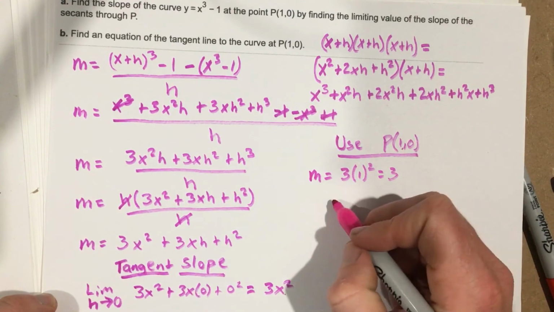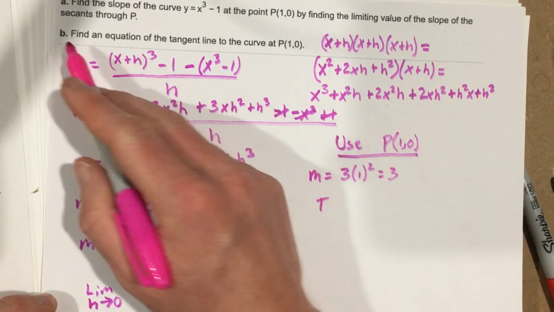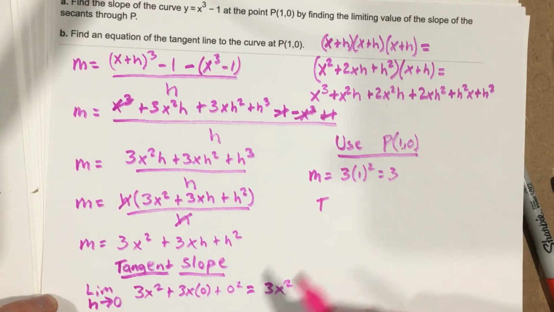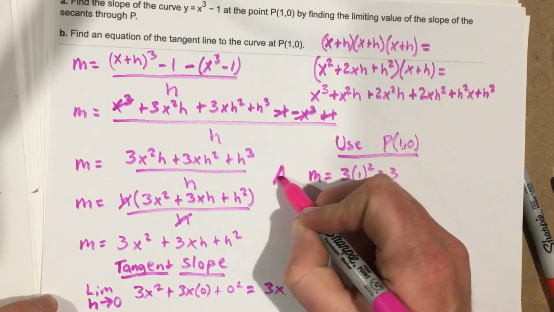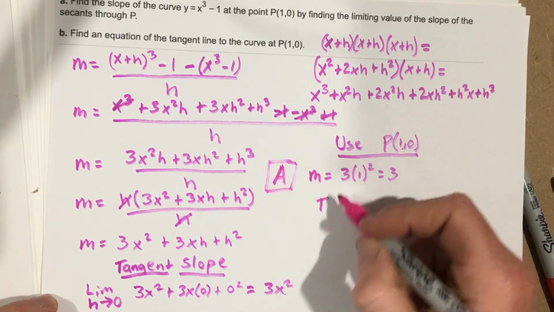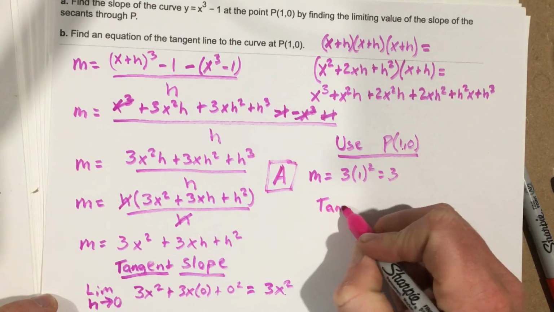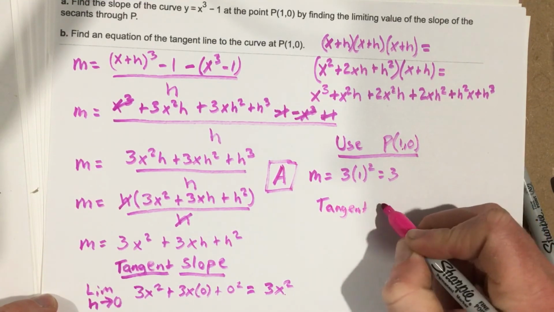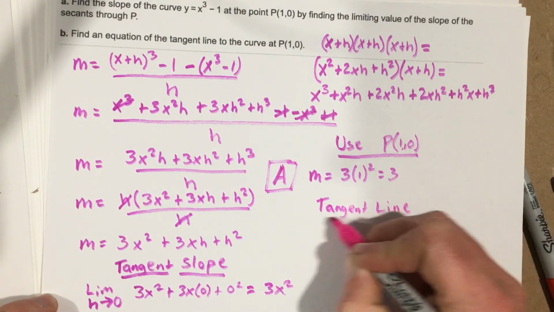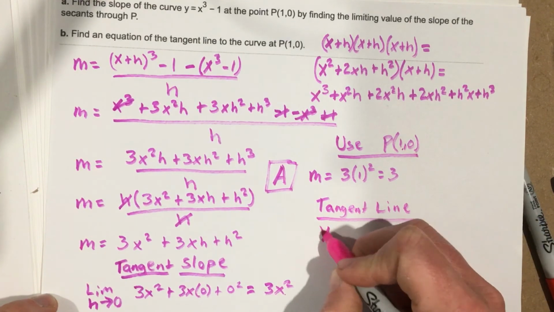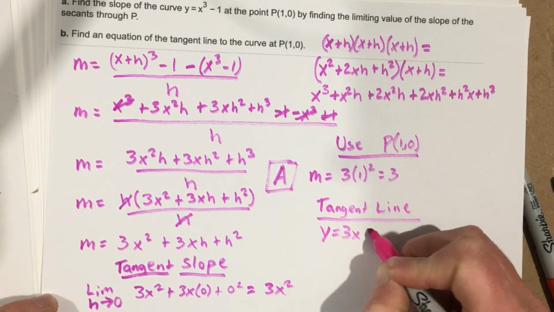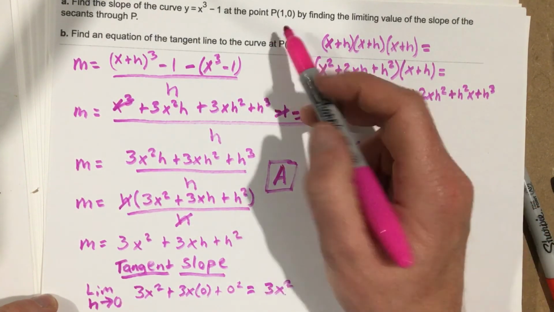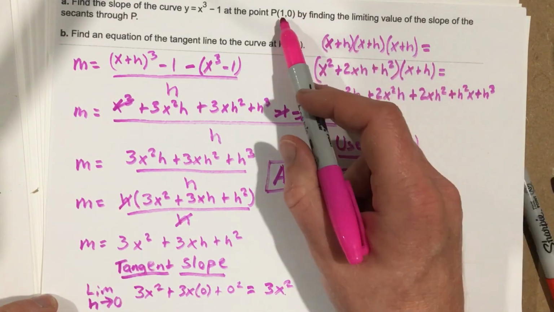And now we want to do a tangent line for part B, right? So this was part A. Now for part B, we want the tangent line. So we go y equals 3x plus b. We plug in x is 1 and y is 0.